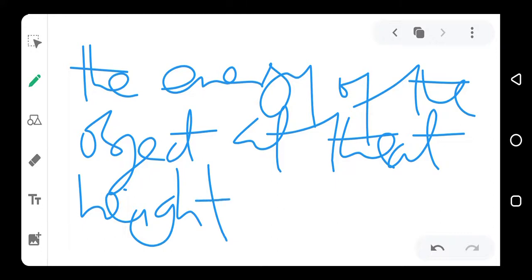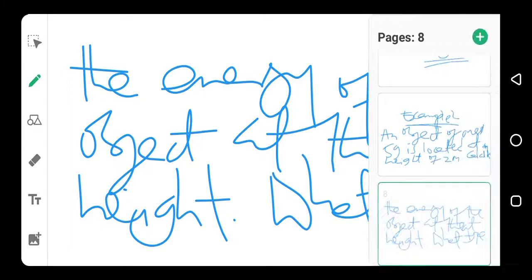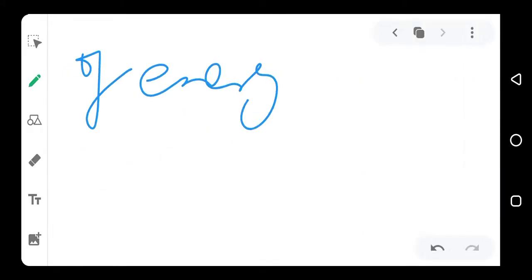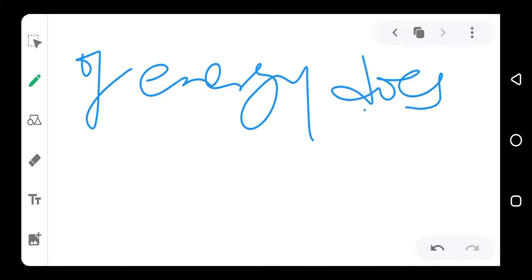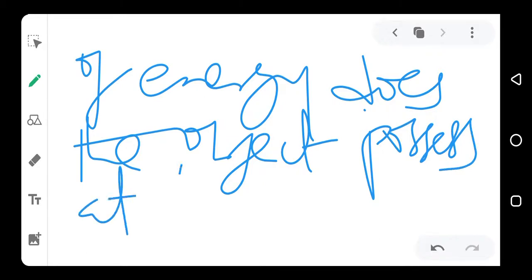full stop. What type of energy does the object possess at the height or at the point?